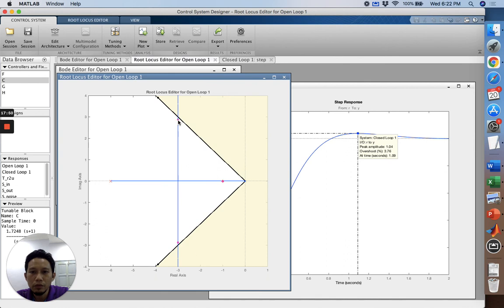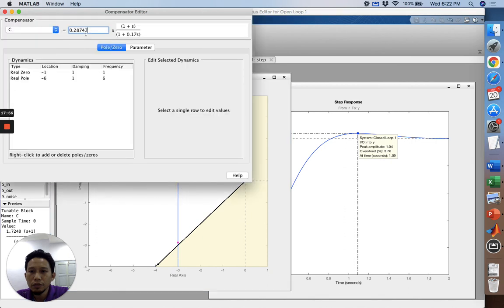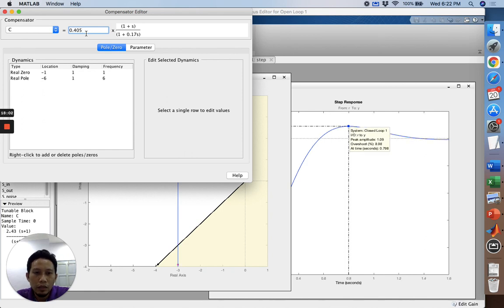Oh, okay. Maybe I can increase to 0.405, for example.